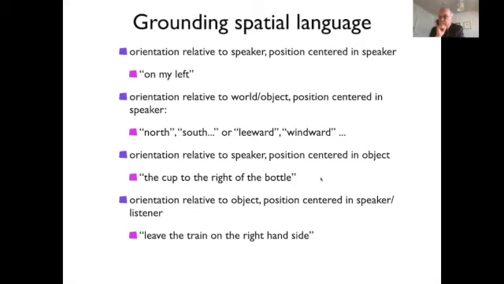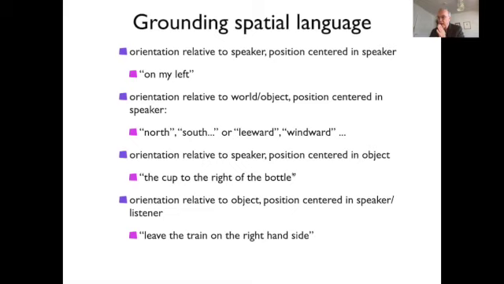And that's a subtle mixture of reference frames, because in terms of position, I am centering the representation in the bottle. So we call this bottle the reference object. It's the position centered in that reference object, and it's to the right of the bottle, but right or left is with respect to me, the observer. Right? I'm looking at the object, the bottle, and the cup is on the right of that bottle from my point of view in terms of my orientation.